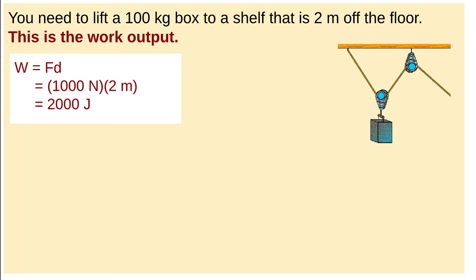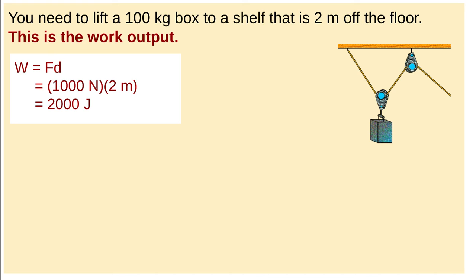Now, the last thing we're going to talk about is more realistic ideas with machines, because everything I've shown you so far has been very ideal. This idea that the work input exactly equals the work output. So going back to the pulley example, recall that the work that was output was 2,000 joules.